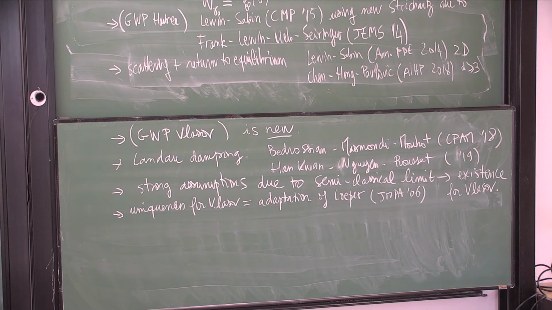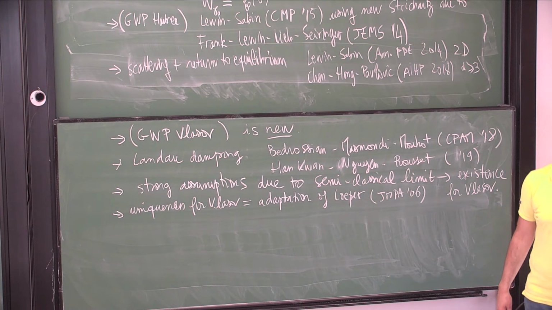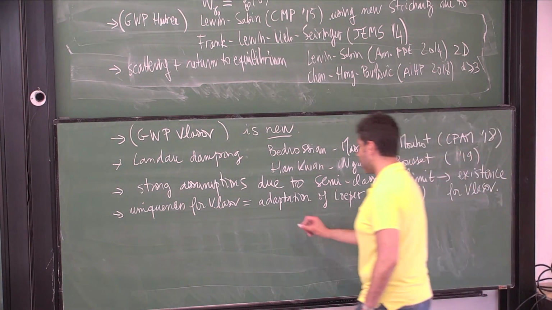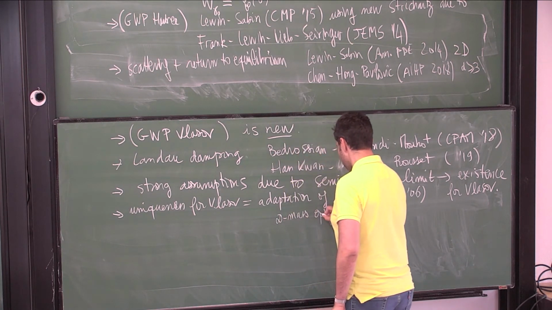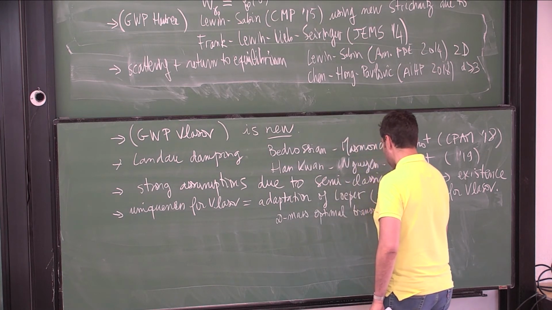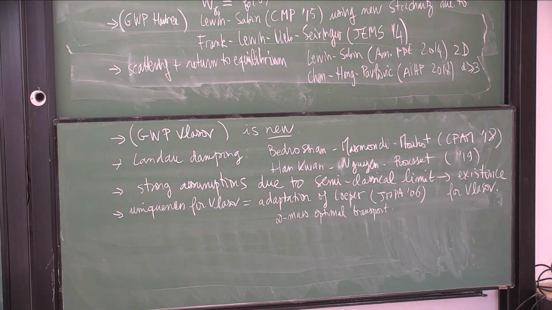So what we did was to generalize his method to the case of, if you like, things which do not have a finite mass. So it's some kind of infinite mass optimal transport. You want to transport a measure to another measure, but they do not have a finite mass. Okay.